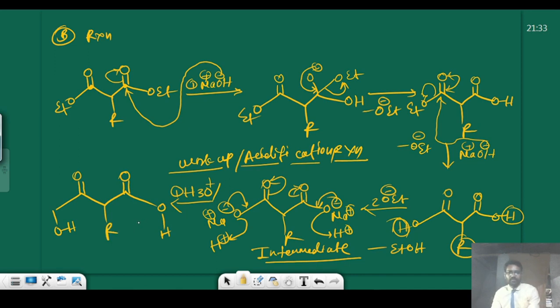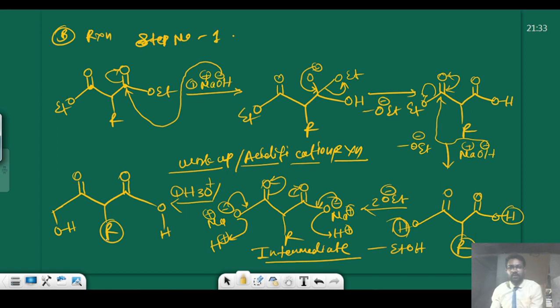This is the substitution we already discussed in the first step of the mechanism. So when this carboxylic acid generates over here, what we need to do? Simply we need to heat this reaction. So let us discuss step number 2 of this decarboxylation. This is step number 1.